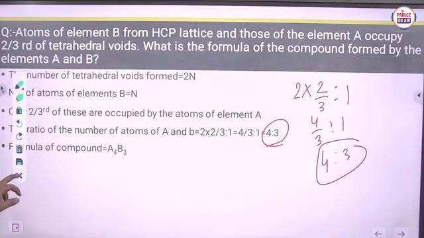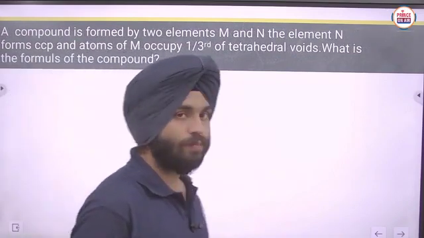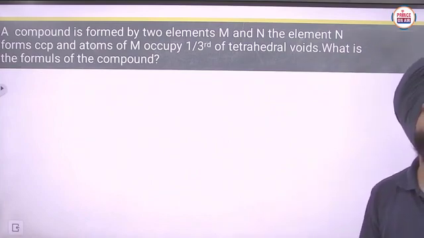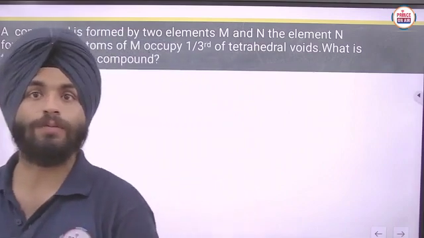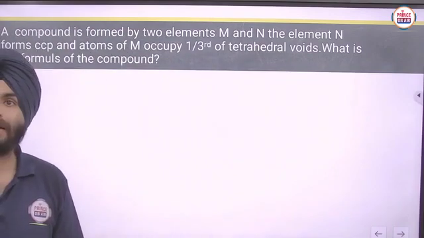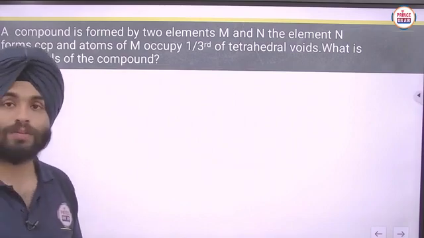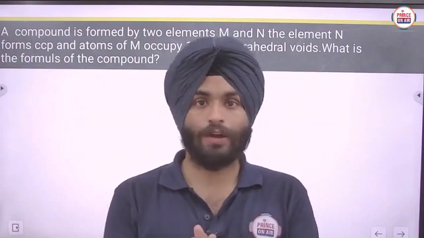Clear? Now one more question is there for you all. Try to solve this question once again. A compound is formed by two elements M and N. The element N forms CCP and atoms of M occupy 1/3 of the tetrahedral voids. What is the formula of the compound? That is a question for you all, so try to do it yourself at your home.